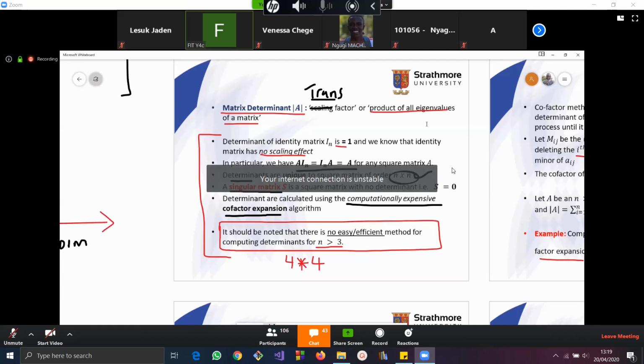It means that if the determinant is 0, there's no way of computing the inverse, because the inverse depends on the determinant.